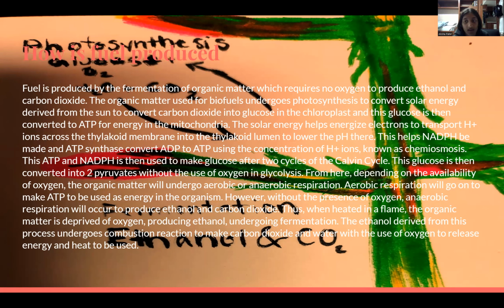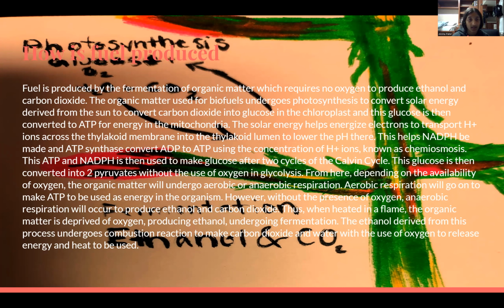When the electrons energize, H+ ions are transferred across the thylakoid membrane into the thylakoid lumen to lower the pH there. This difference in pH levels helps ATP synthase make ADP into ATP, and NADP+ reductase lets NADP+ change into NADPH.